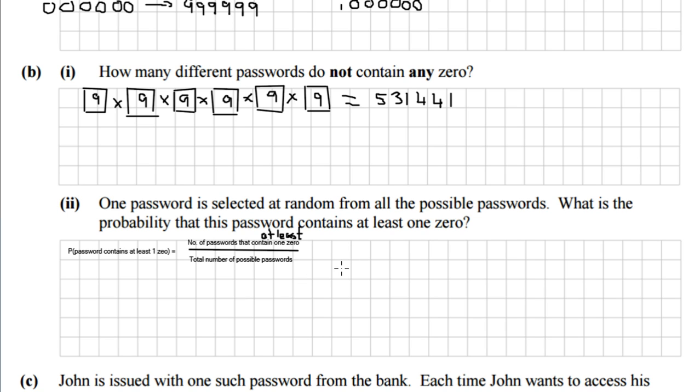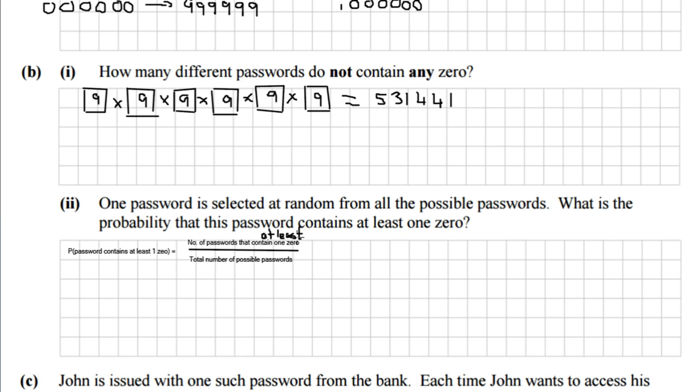Now, you think about it, a password that I select at random is either going to contain at least one 0 or no zeros at all. This here is the number of passwords that do not contain any zeros at all. All the rest of them will contain at least one 0.